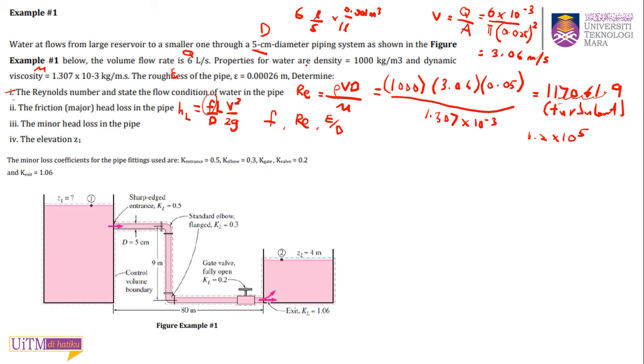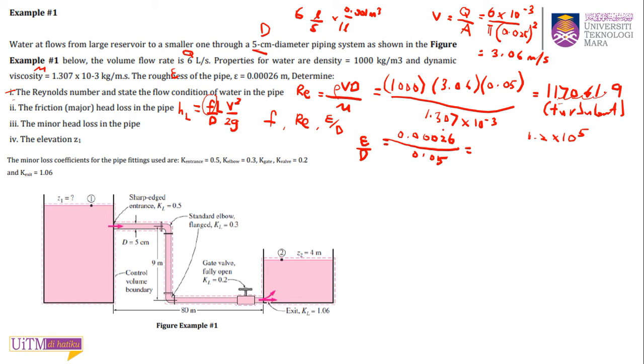So this is your Reynolds number. And your relative roughness is sigma over D. They give you only the sigma, the roughness, 0.00026 meter, divided by the diameter 5 centimeter, which is 0.05. So you get your relative roughness 0.00026 divided by 0.05.